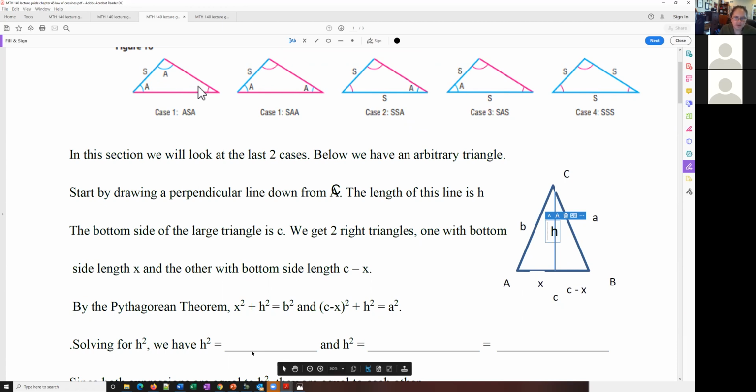And what we can do is solve each one of those for h. If we do that, we will have h squared is equal to b squared minus x squared for the first one. And for the second one, we'll get a squared minus (c minus x) squared.